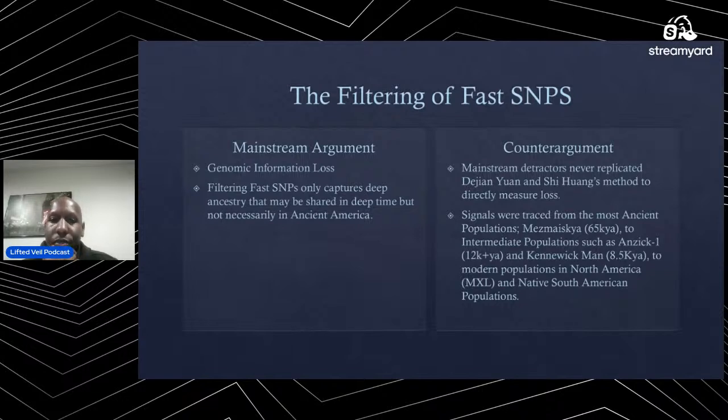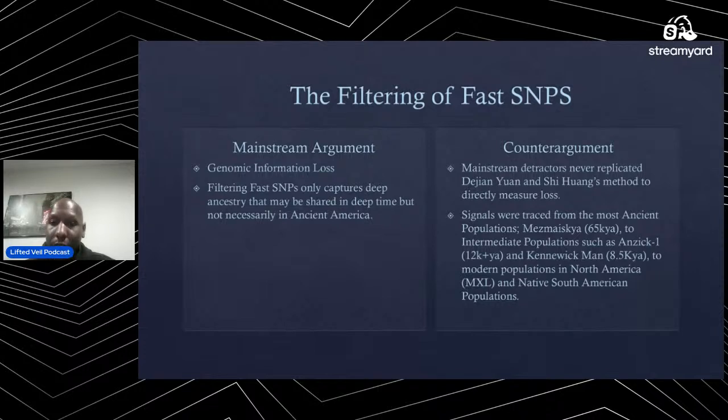All right, so the counter argument, and how these two geneticists address this. Well, let me do it one at a time. Genomic information loss. They accused these two geneticists of theoretically losing genomic information.